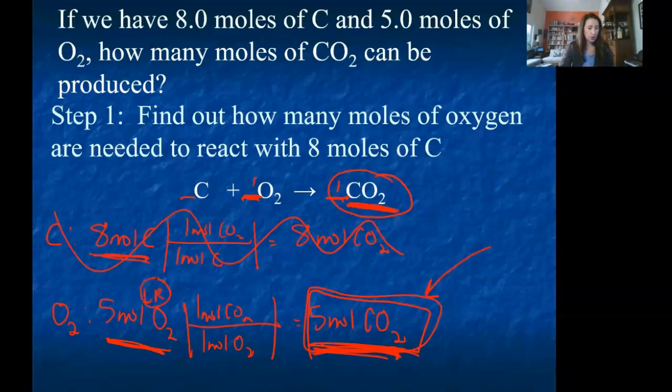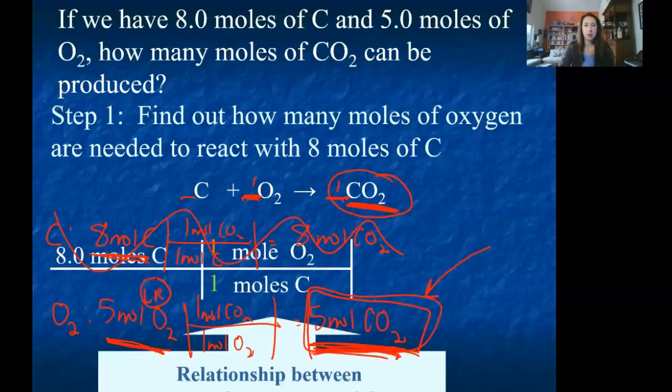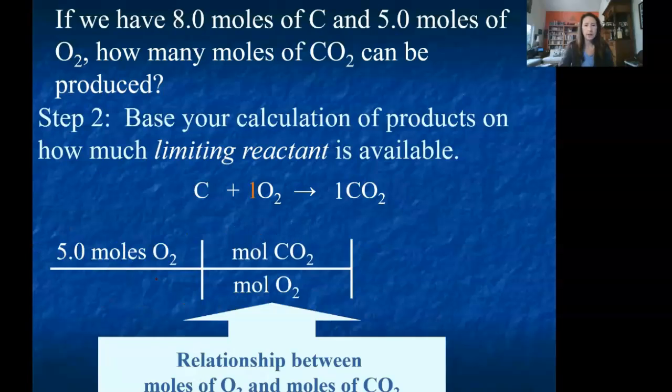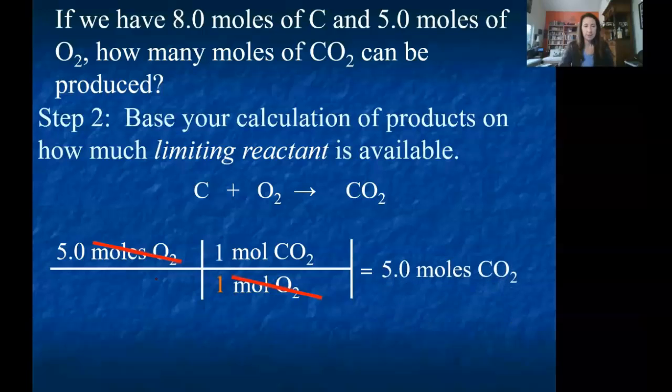Okay, so now I'm going to show you that with a little bit more. So it's kind of what we just did before. 5 moles of CO2. Okay, so now we're going to do it with numbers we haven't seen before.